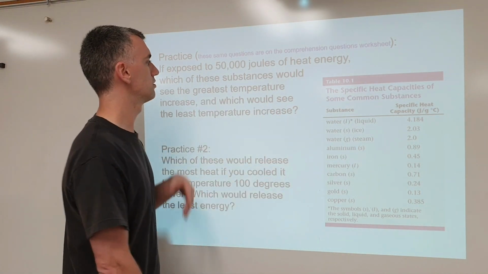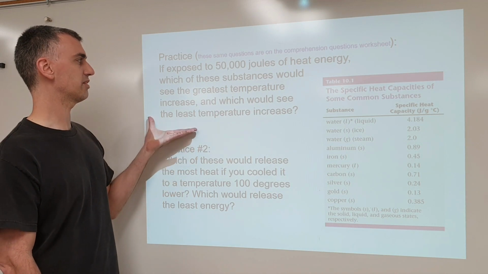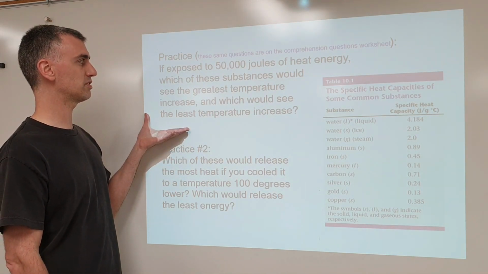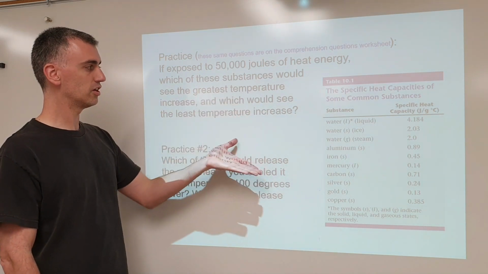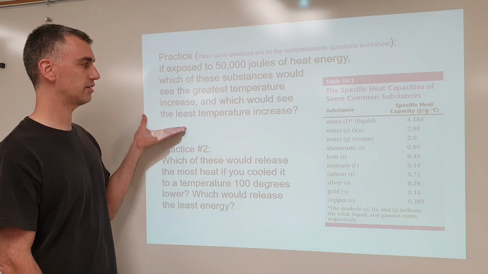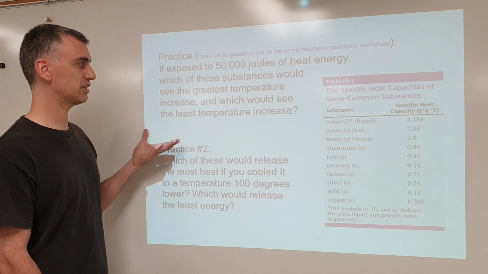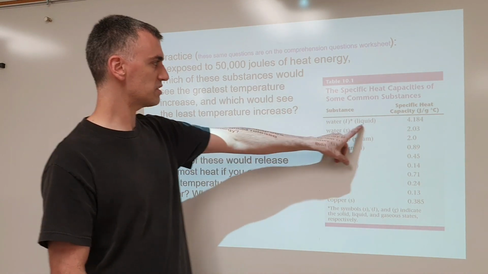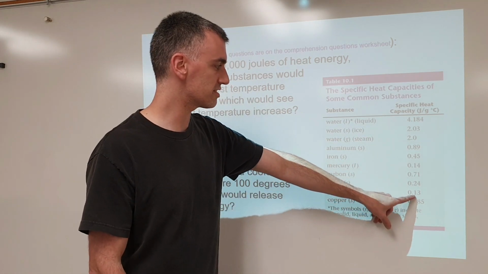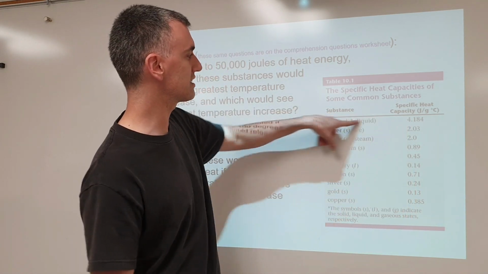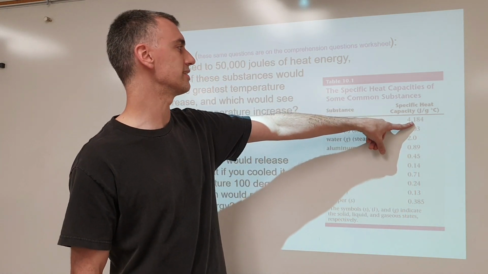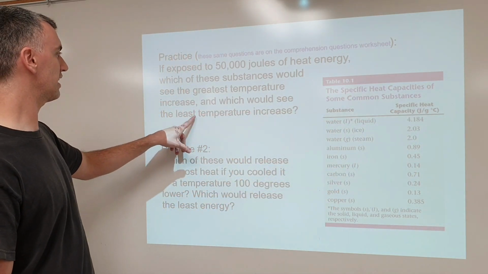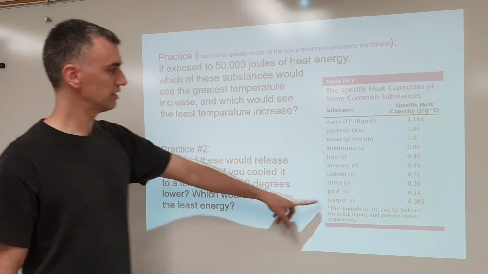So with an equal amount of energy, which one should produce the greatest temperature increase and least temperature increase? The way I go about answering that is I'd say high specific heat capacity means the highest resistance to temperature change. This one has the highest specific heat capacity on the list, so I would say it's going to have the least temperature increase.